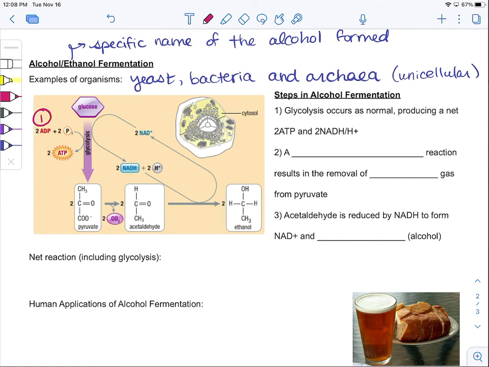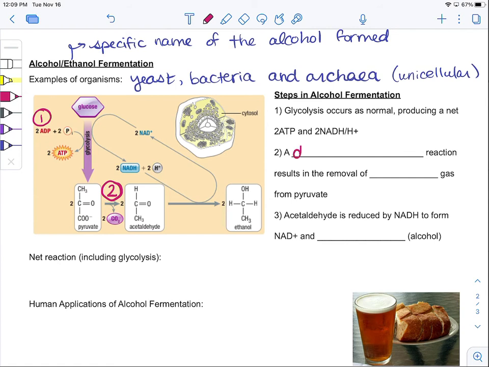Now, instead of entering pyruvate oxidation, in step 2, what's going to happen instead is really fermentation. So I'm going to make that little arrow here, step number 2. And what we see happening here is removal of carbon dioxide. And we actually had some vocabulary to describe this before.